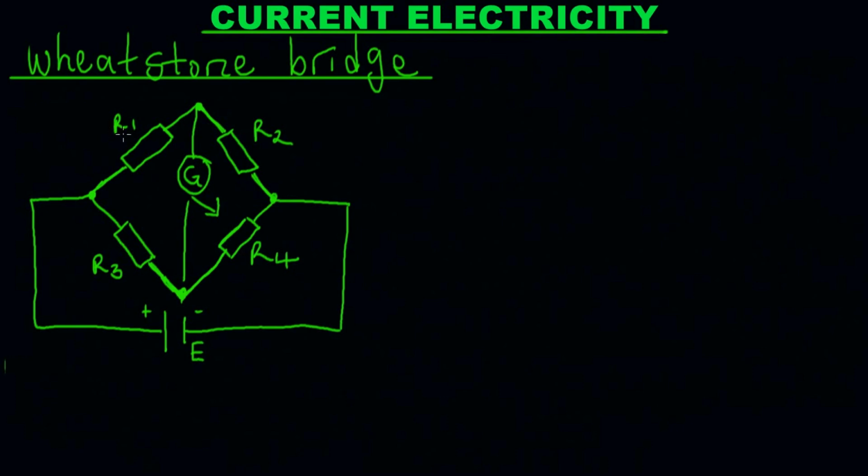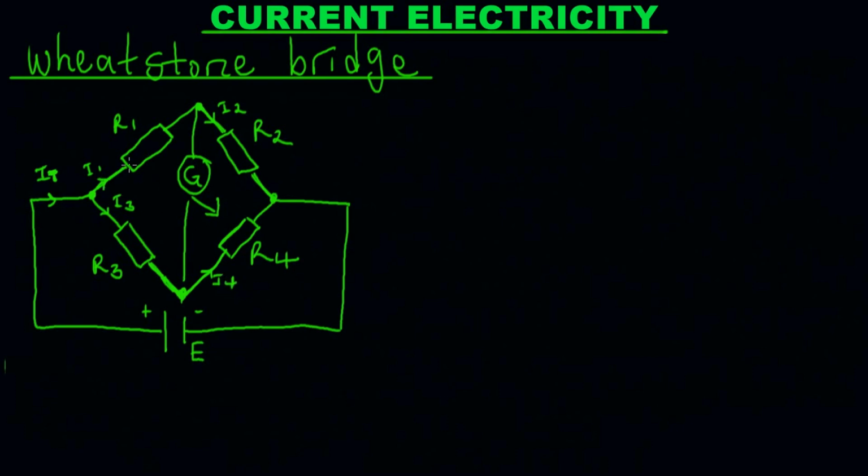Now, if you look at this closely, you see that R1 and R2 are connected in series. Why? Because of the current that will be flowing from this E.M.F, that's this power source there. When this current gets here to divide, we could name this I1, this I3, and we could name this I2, and this I4.